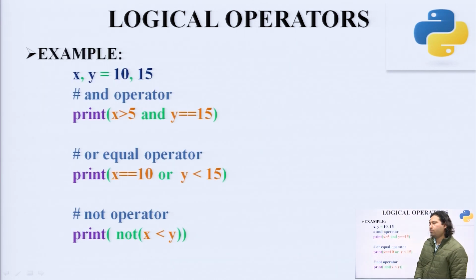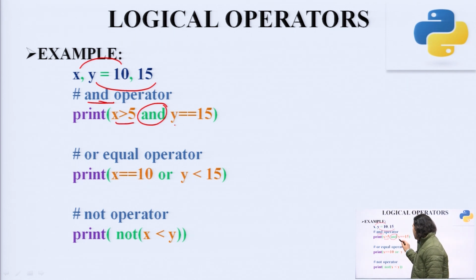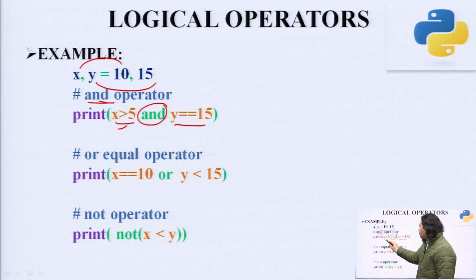Now, look at the example here: x, y equal to 10, 15. Again the x value is 10, the y value is 15, and we are performing the AND operation. The AND operation holds two conditions. The first condition is x is greater than 5 and the second condition is y is equal to 15. The x is greater than 5, that is true.